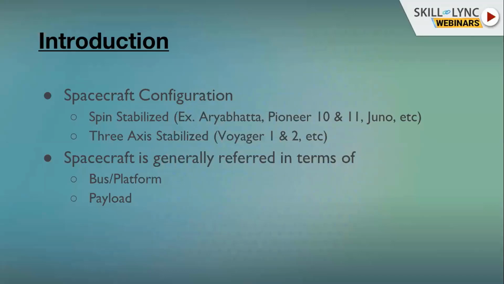Now, a spacecraft is generally referred to in terms of a bus or a platform. A bus or platform consists of various subsystems which help operate the spacecraft for its mission. For a specific mission, there is a specific payload. For example, if there is a communication satellite, there will be payloads specified for the particular communication system.